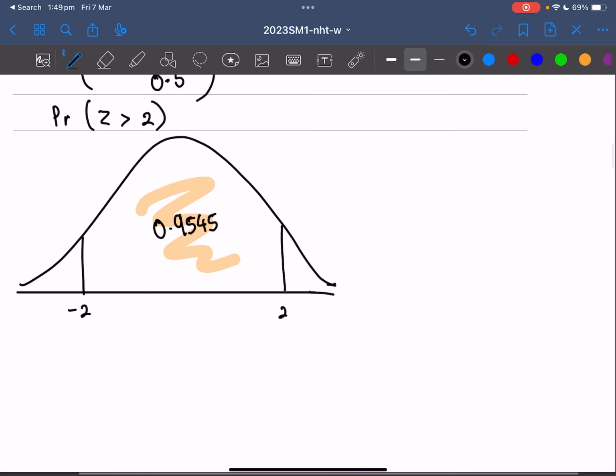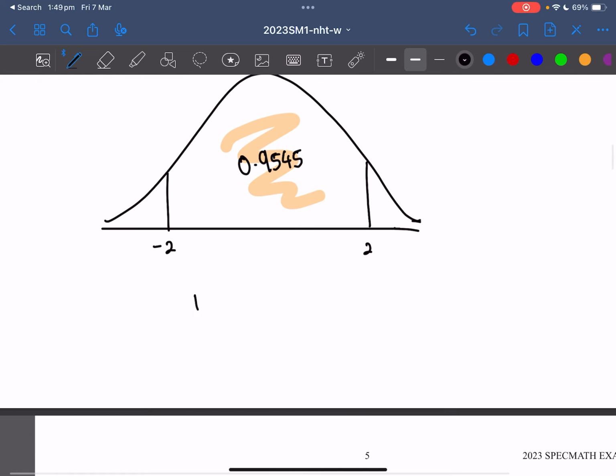And what we have to find is this over here. So if I were to subtract 0.9545 from 1, what will we get? We will get 0.0455.